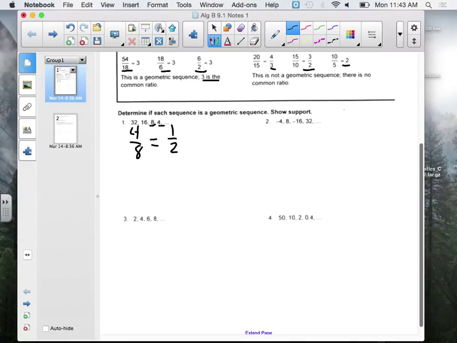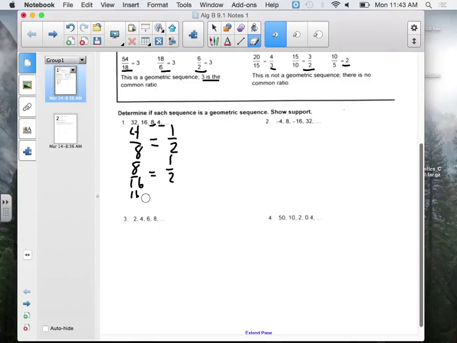So then we take 8 and divide by its previous term, the one that came right before it. So the one that comes right before 8 is 16. What's 8 divided by 16? 1/2. And then lastly, 16. Divide that by the term that came before it, so that one's 32. 16 divided by 32 is? 1/2.